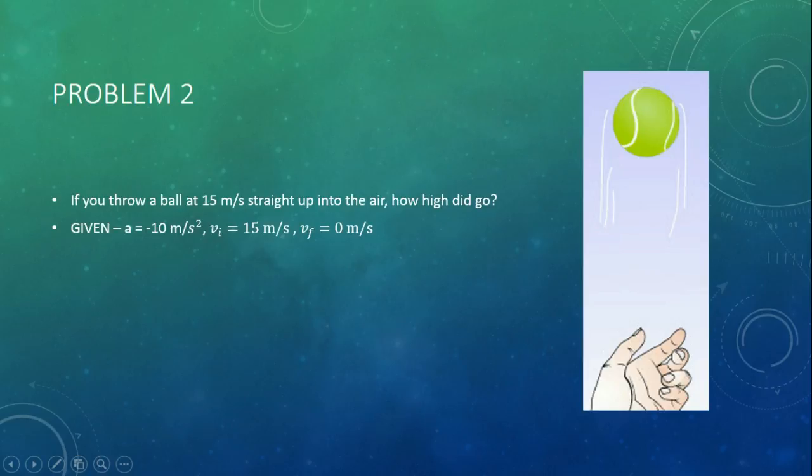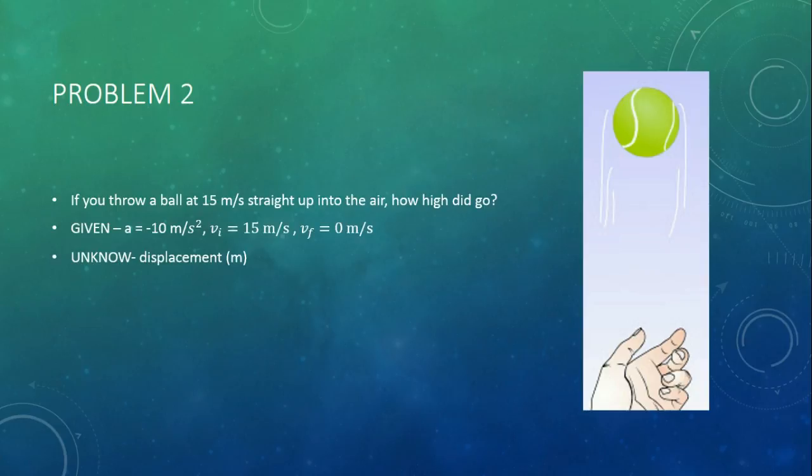You can call whatever part of the problem whatever you want, as long as you stay consistent with it. But it's always good, in free fall when you're trying to find the height, to call the initial velocity whatever you threw it at, and the final is 0 at the top. So it's important to know your frame of perspective.